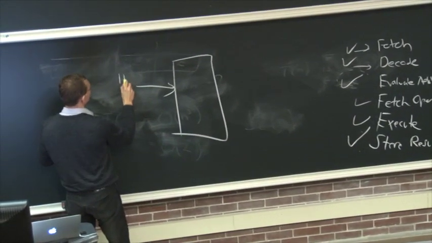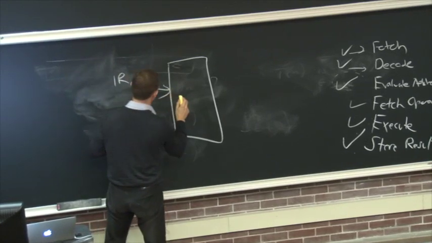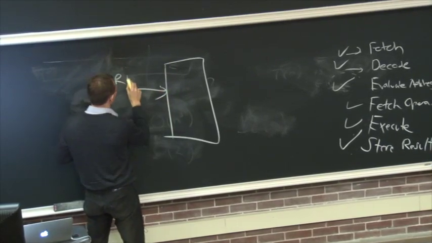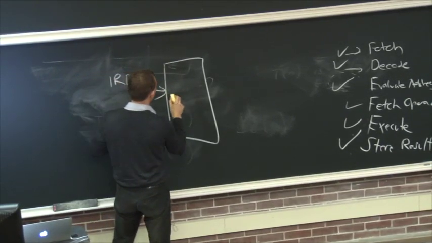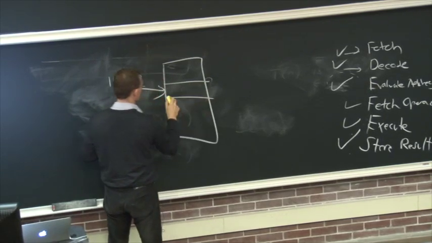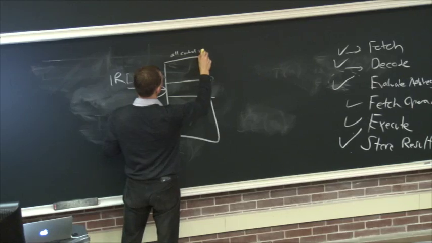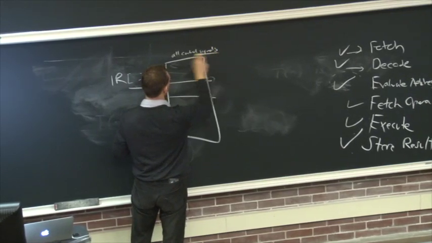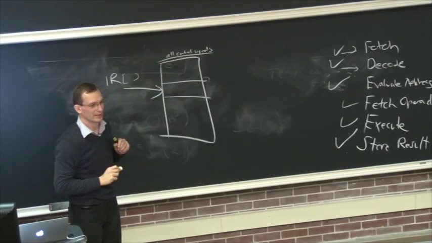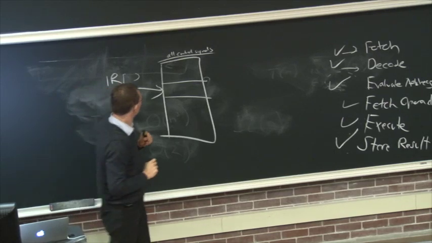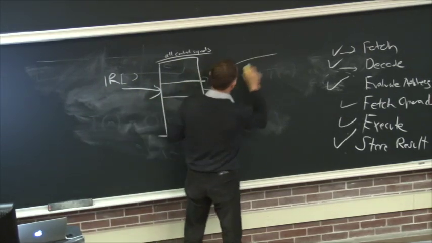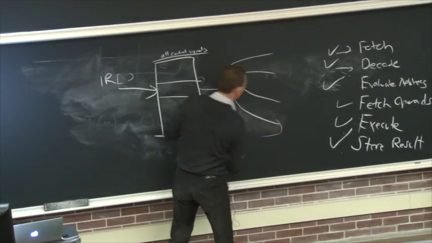You basically take the instruction register, or parts of it, and index into the structure, and this structure tells you all of your control signals that control the data path. Okay? And this gets distributed into the data path elements.